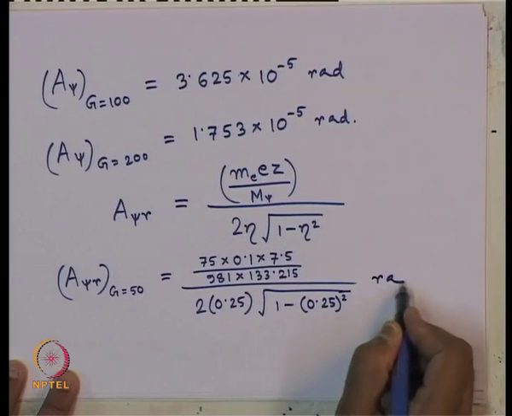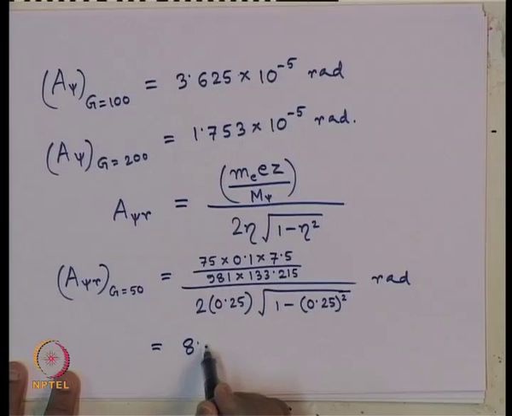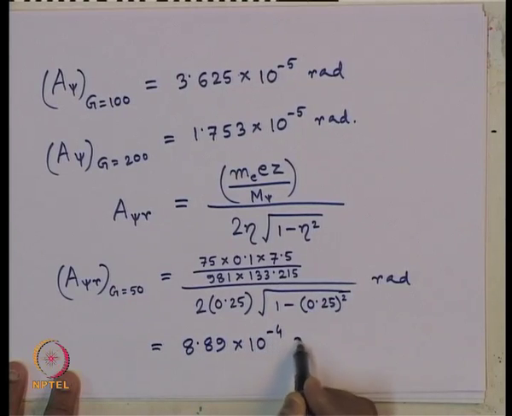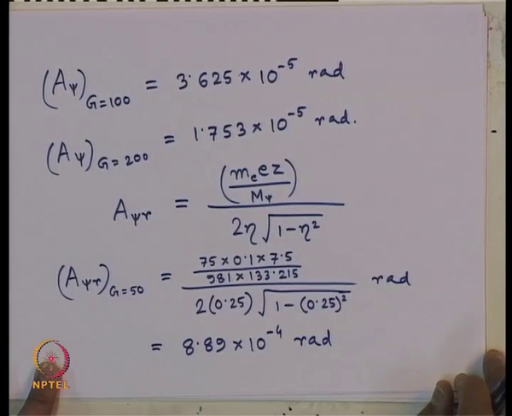So much of radian. If you calculate this, we are getting 8.89 into 10 to the power minus 4 radian, which is obviously larger than what we got at operating frequency for A psi, which is 7.769 into 10 to the power minus 5 radian.